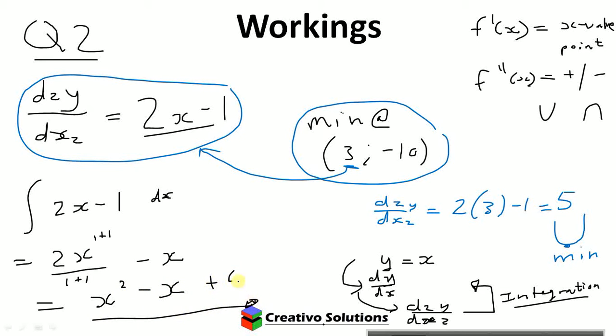There's the first derivative. Does that make sense? The derivative of x squared minus x is 2x minus 1. So now you've got the first derivative, dy over dx.